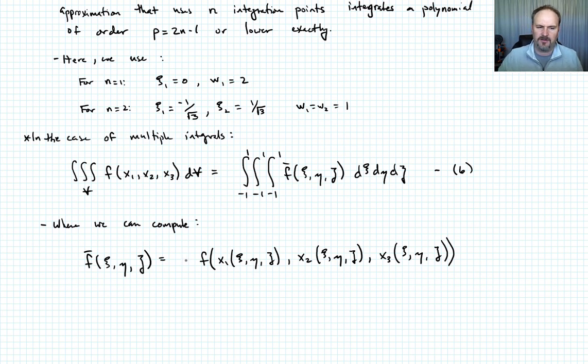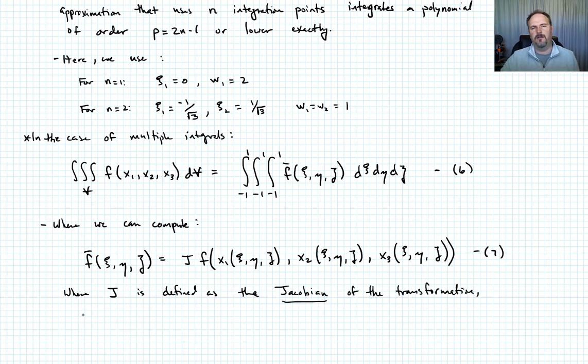And the answer is, we use what's called the Jacobian of the transformation, or rather the determinant of the Jacobian of the transformation. Okay, so I'm going to call this equation 7, and then I'll say here where J is defined as the Jacobian of the transformation, and it's going to be given as the determinant of the Jacobian matrix.